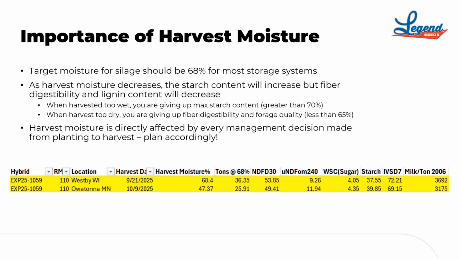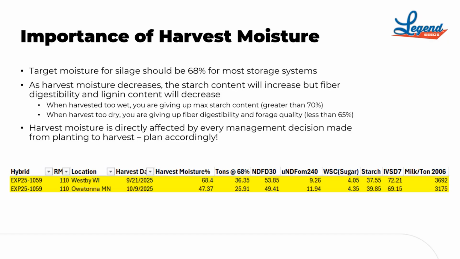So that's actually a pretty decent score for last year. A uNDF of 9.26, which is very good. You can see the sugars there. The starch is 36.92, and milk per ton is very good. Very good corn silage, good quality, great product.